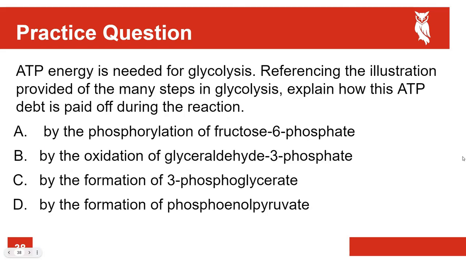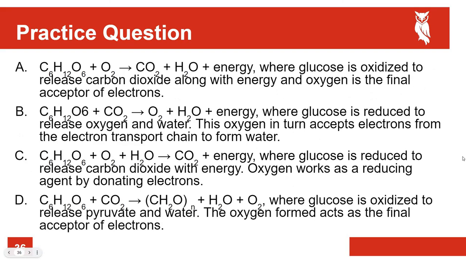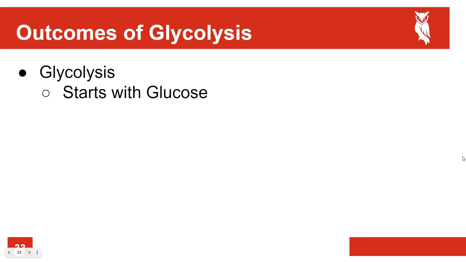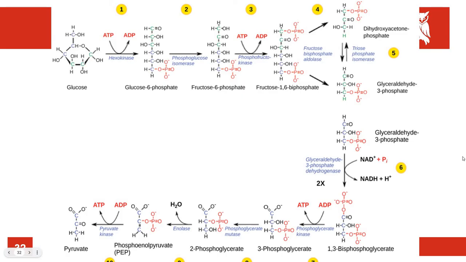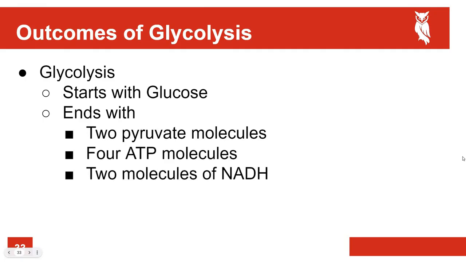Let's see if those are options. Okay. All right, yeah, by the formation of 3-phosphoglycerate. I believe that's right. Yeah, 3-phosphoglycerate. When we make that, we can make ATP. Okay, can I follow? Yes. Sweet.